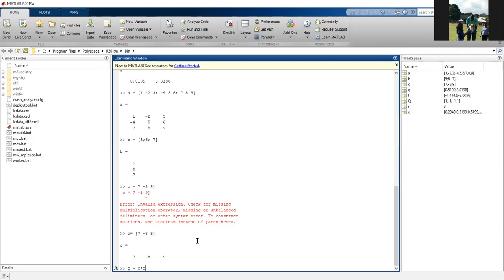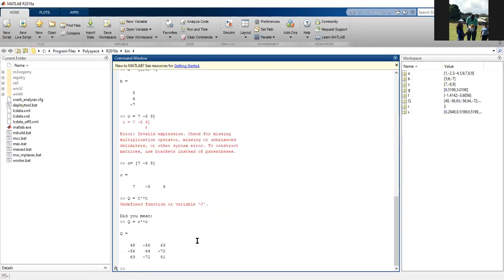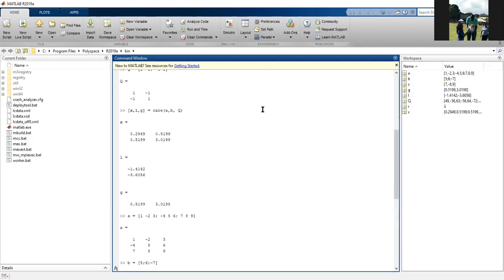Times C. Use capital C. All right, but it corrected itself. Wonderful for MATLAB. All right, so now type in the care function and we'll see what it is that they are not recommending.